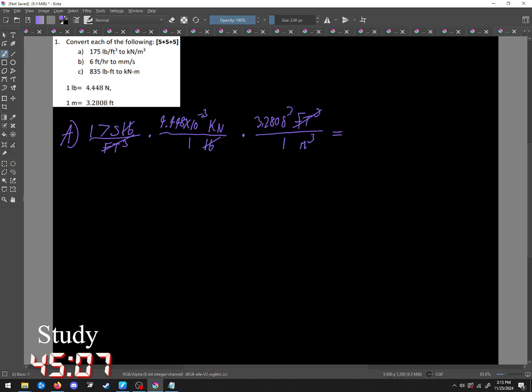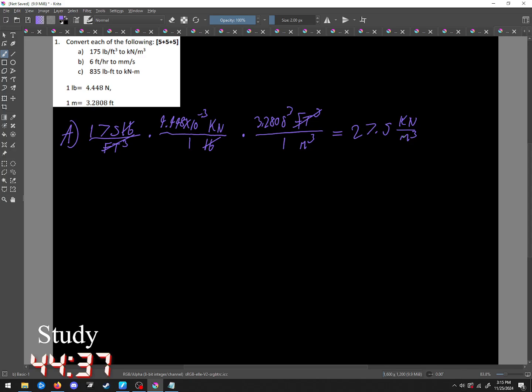So this should be 3.2808 cubed, not e to the third. Yeah, that's the only difference. So now I'm getting 27.5, and the unit here is going to be kilonewtons per meters cubed. Okay, sweet. That's part A.